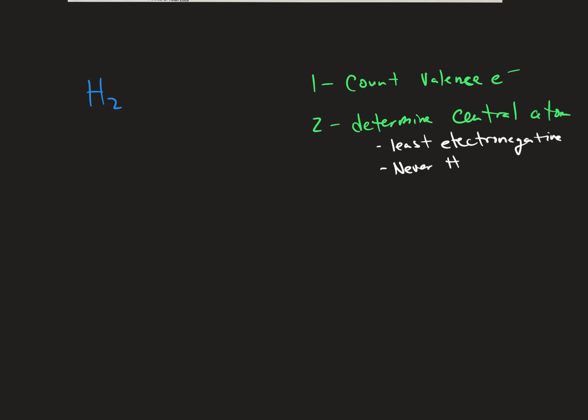Okay, step 3. And we'll follow these steps with examples, okay? Place remaining electrons, these total valence electrons, right? Place the remaining electrons around the most electronegative.